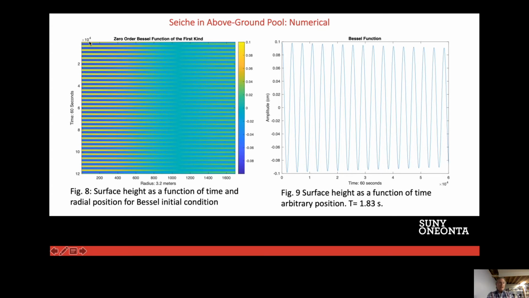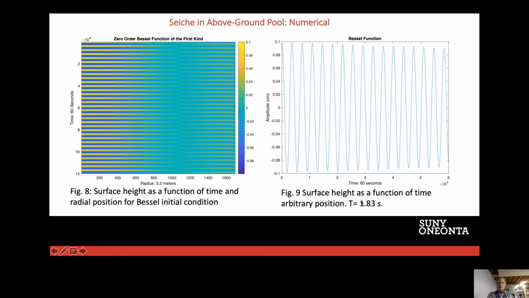And so if you want to see what's happening in time at a given position, you can look at the vertical cross section. All right, so that would be essentially a vertical cut through here where we see that we're oscillating between blue and yellow. And here is that vertical cut, okay, and we see a very regular oscillation.